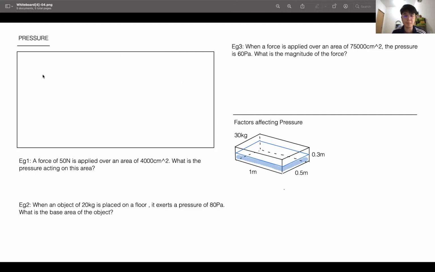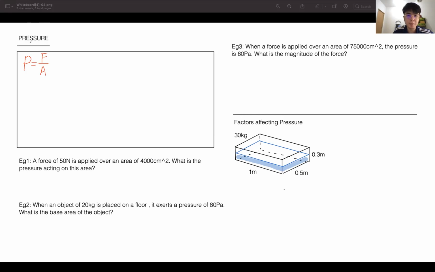Okay, important points on pressure. Formula, we start with formula. P, here's a different color. P equals to force over area.